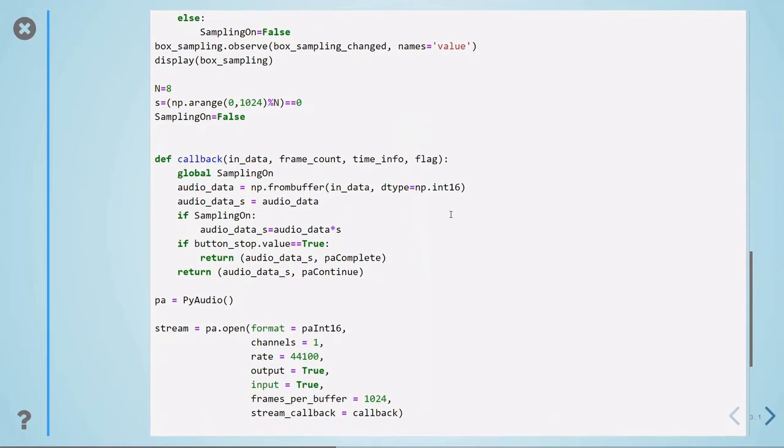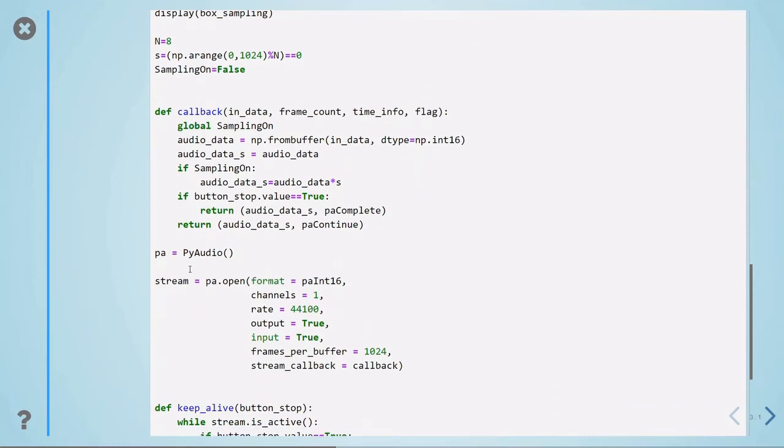Here we are creating an instance of PyAudio. Here we are creating the stream, using 16-bit integers. This is one channel, so it's mono. Here's the sampling rate we are using, with output true and input true, which means we are using the microphone input and the speakers' output.